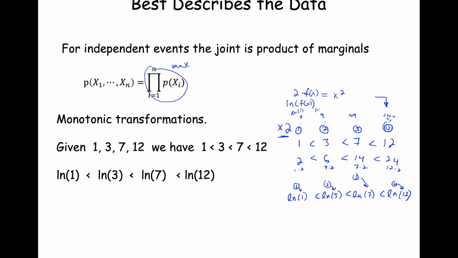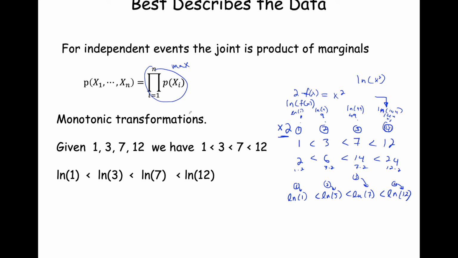This would be ln of 9, this would be ln of 49, and lastly, this would be ln of 144. If we ask where ln of x squared achieves its maximum value, it's still the quantity in the fourth position. So multiplying by 2 is a monotonic transformation, and natural log is a monotonic transformation.